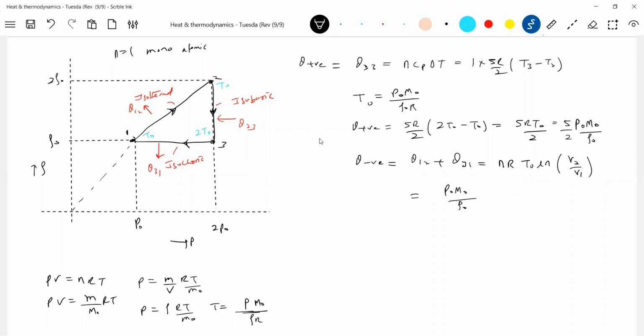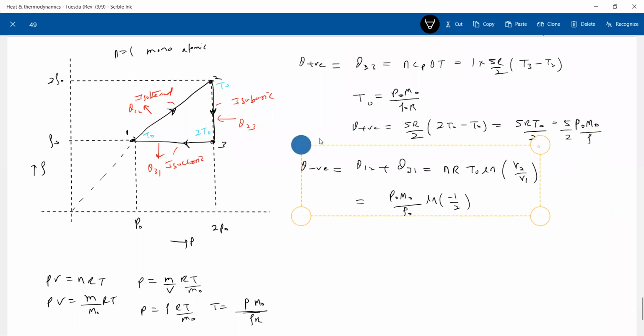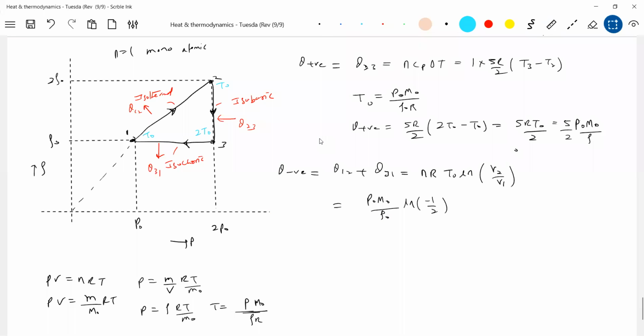R T naught, we can write it as P naught M naught by rho naught. This should be equal to log of 1 by 2, that is minus log 2. I have to write the expression, so I'll just expand it. Next step I'll come for this.